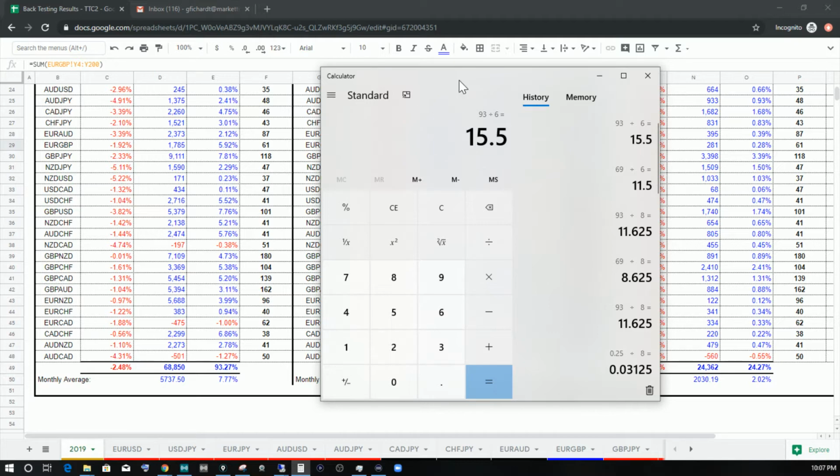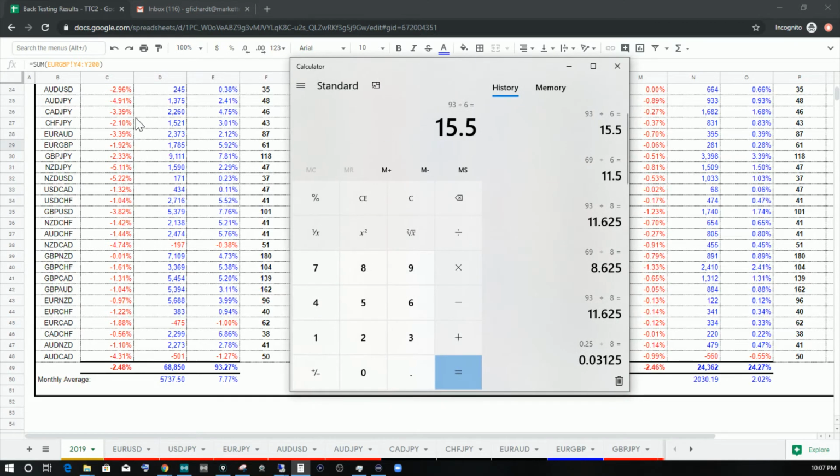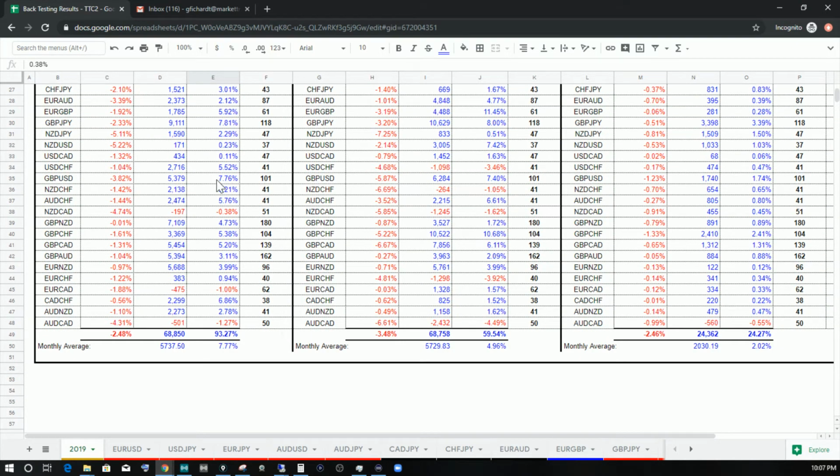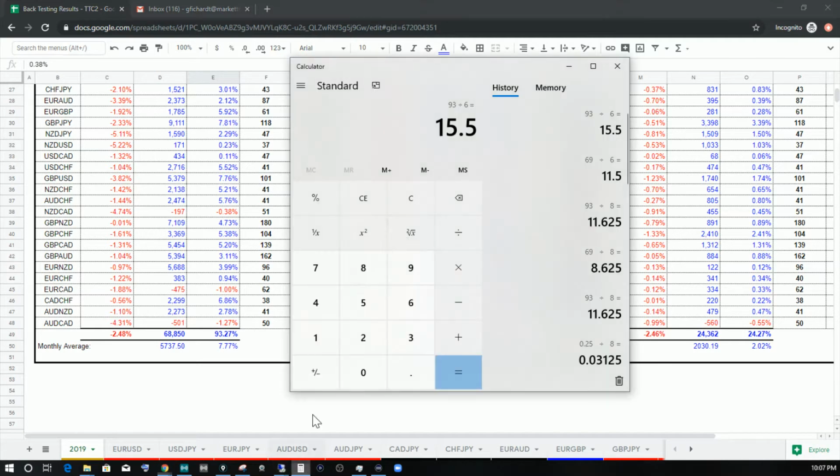Okay, so that means I now have to look and see what my risk was on each trade when I implemented this system. When I implemented the system, what risk did I place in it? Well, let's go to this right here. I placed a 0.25% risk on each position.